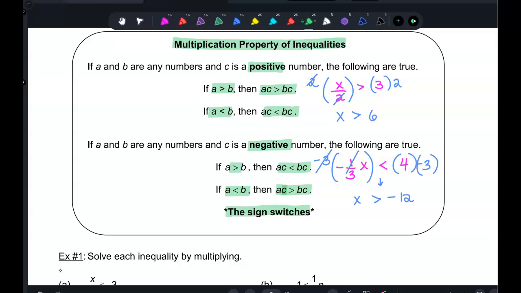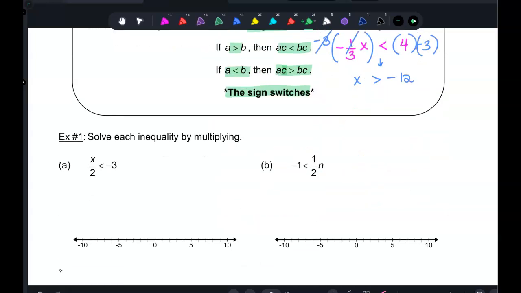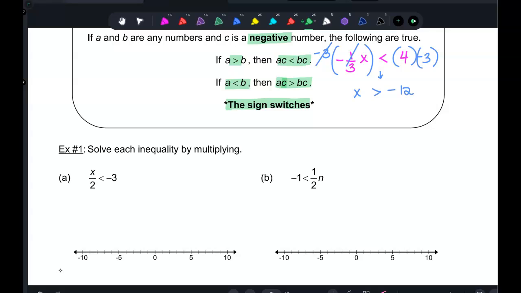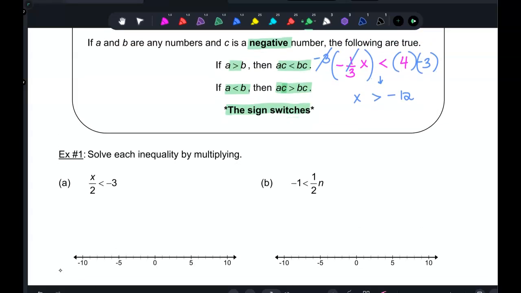If it's less than, it switches to greater than. If it's greater than, it switches to less than. That's the only thing that changes, and only if we multiply by a negative. Why is that? Think about something on a number line. Here's 0. This would be -1, -2, -3.